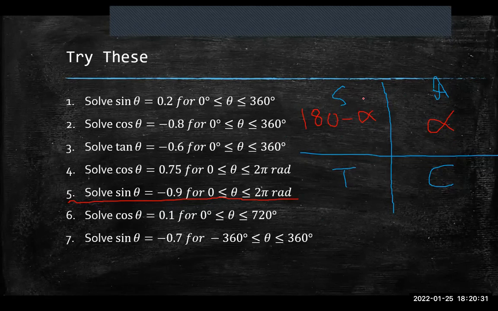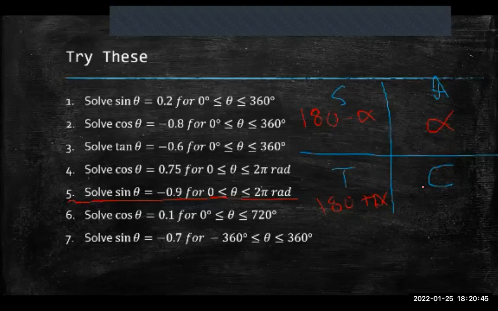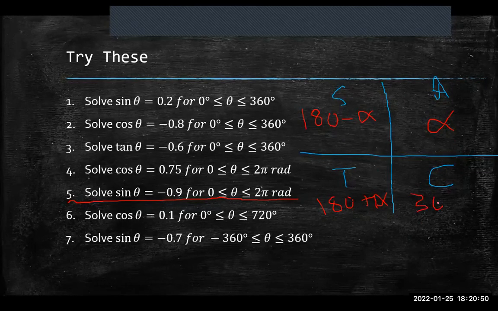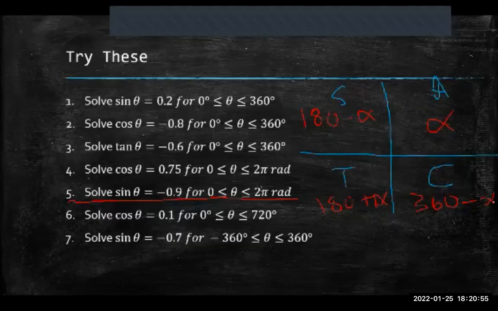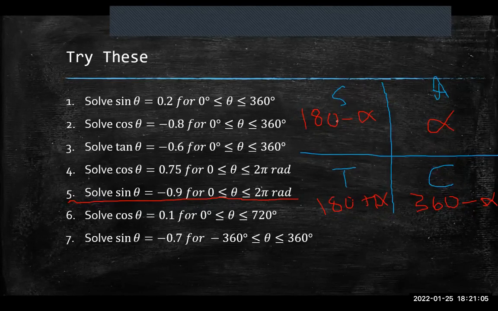If you know that the angle is supposed to be in the second quadrant, you say 180 minus whatever your acute angle is. The third quadrant is 180 plus alpha, and the last quadrant is 360 minus alpha. So the same thing you were doing, but instead of drawing those arrows, you can just use these in red. That's when you're given your angle in degrees.